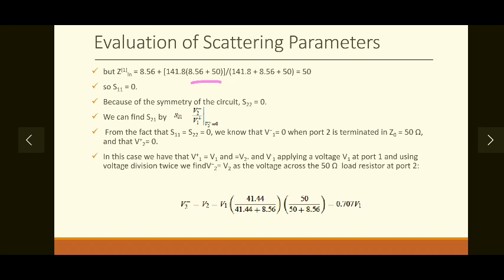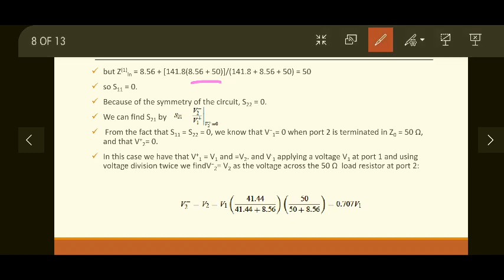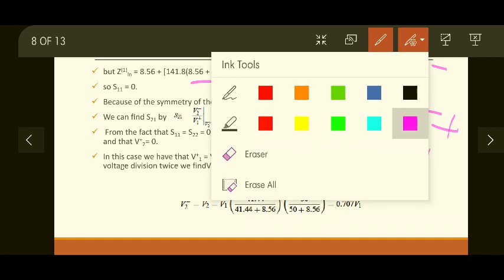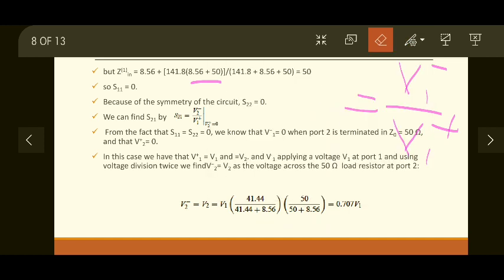How is it? We just saw S11 is equal to V1 minus upon V1 plus. Now this term S11 is 0, so I can write 0 instead of S11. That means V1 minus will become 0, because V1 plus goes to the left hand side, and V1 minus becomes 0 when port 2 is terminated with Z0, obviously, and V2 plus is equal to 0.